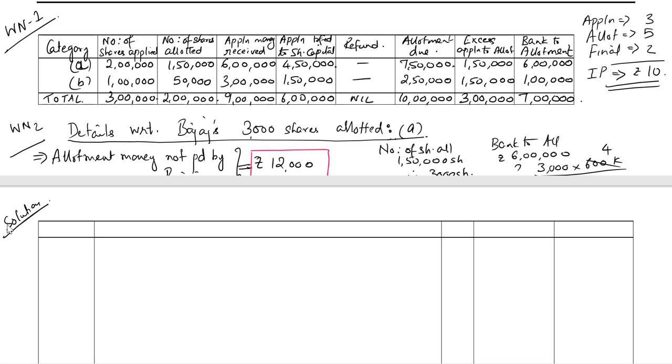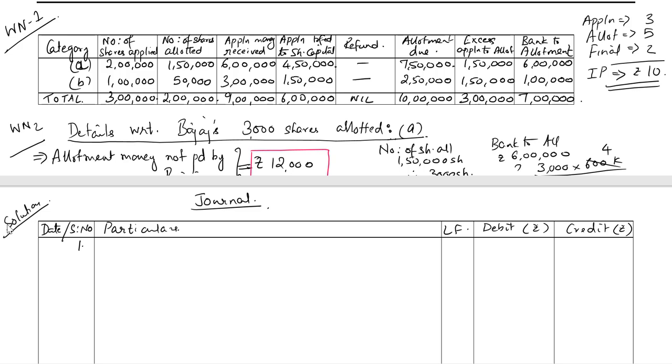Solution. Journal. Date, serial number, particulars, LF number, debit rupees and credit rupees.